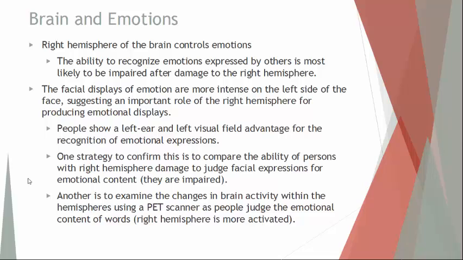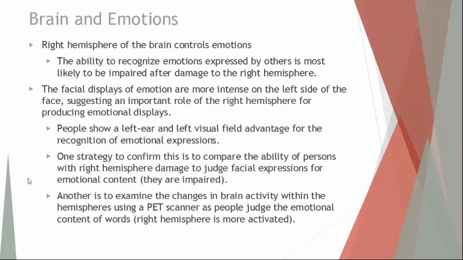You are able to see that they are making different expressions or different faces, but it doesn't sink in with you what they're doing. There's no connection to that face with said emotion. There's a disconnect there.